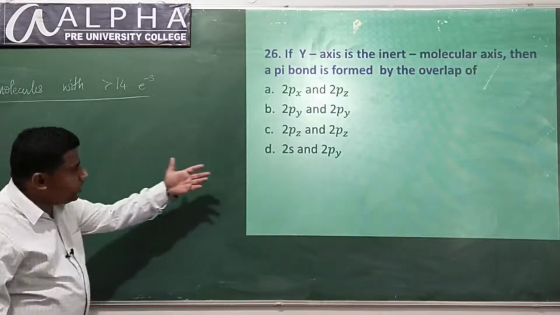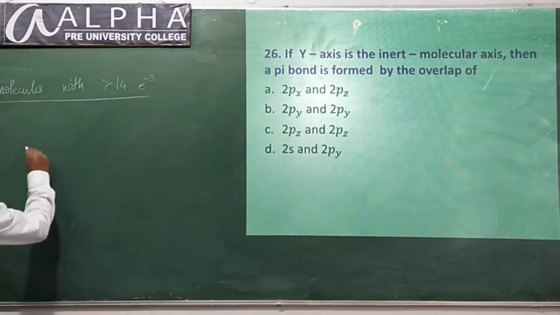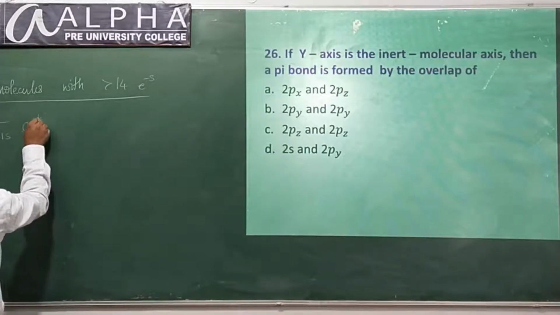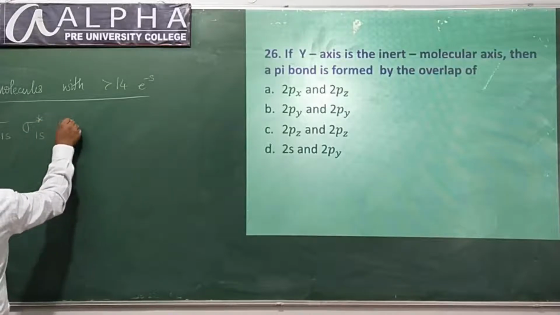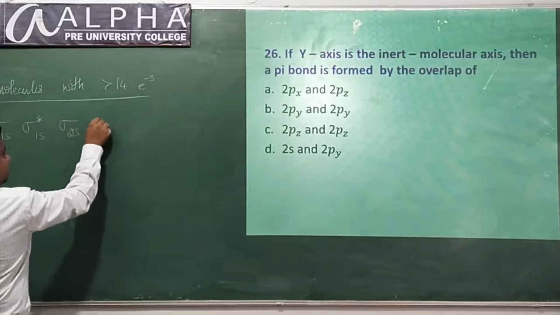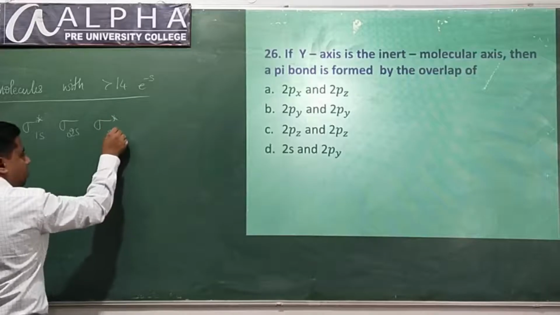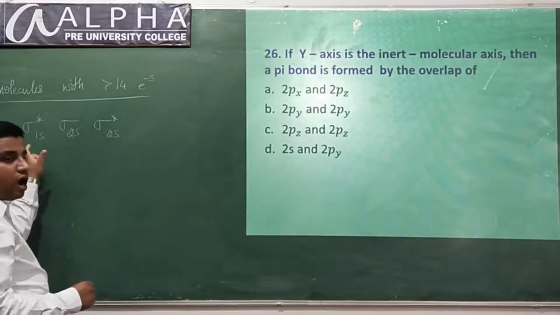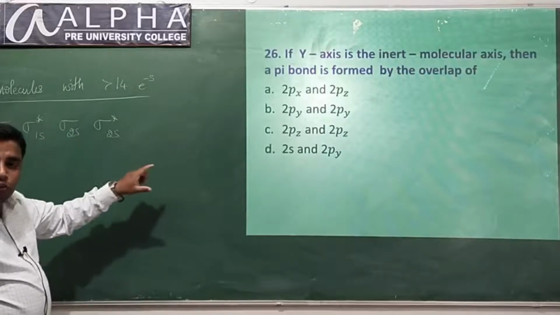What was the electronic configuration? Look here, it is sigma 1s, sigma star 1s, correct? Sigma 2s, sigma star 2s. After 1s and 2s, I have to go for 2p.